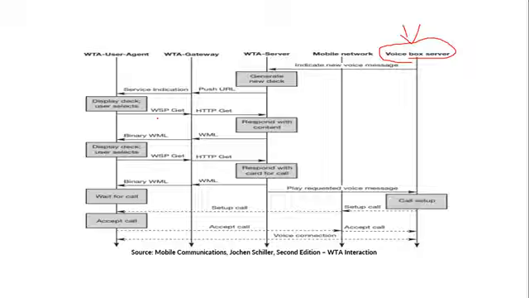Now if the user wants to listen to the stored messages, he can request a list of the messages. This is done with a WSP get request. Through the WSP get request, the user can request that he wants to read those messages.